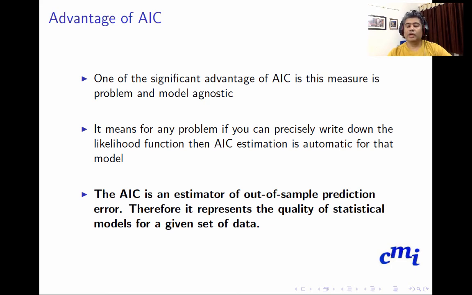If you can write down the likelihood function, you will be able to compute the AIC. It means for any problem, if you can precisely write down the likelihood function, AIC estimation is automatic for that model. AIC is an estimator of out-of-sample prediction error. Therefore, it represents the quality of a statistical model for a given set of data.